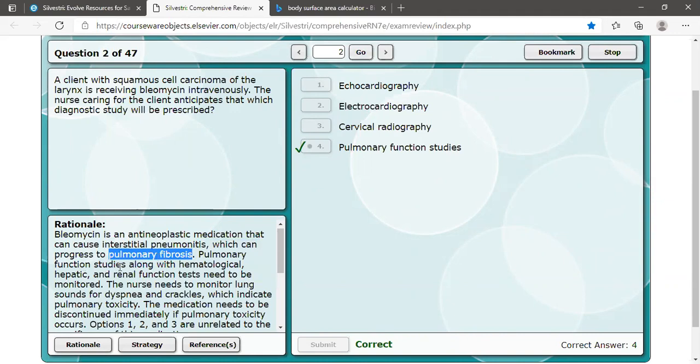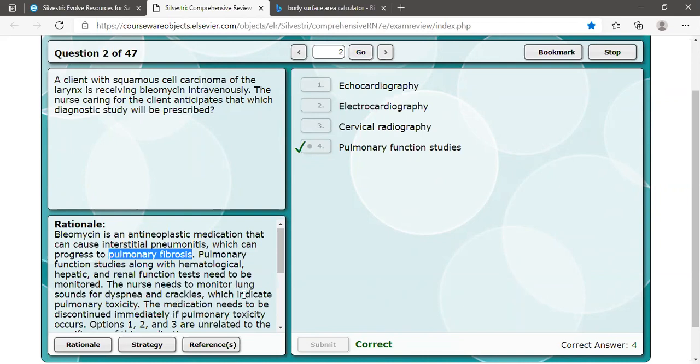Pulmonary function studies, along with hematological, hepatic, and renal function tests, need to be monitored. The nurse needs to monitor the lung sounds for dyspnea or any added sounds like crackles, which indicate pulmonary toxicity. The medication needs to be discontinued immediately if pulmonary toxicity develops.